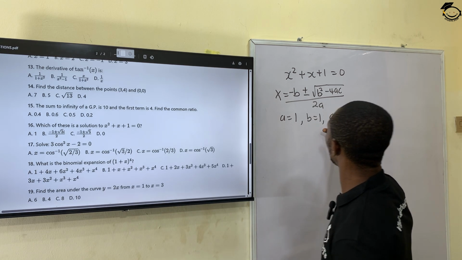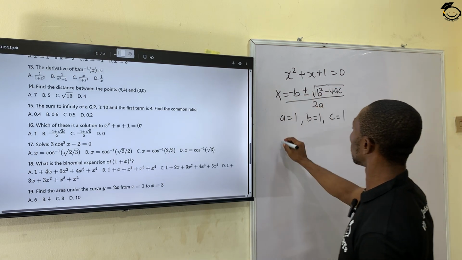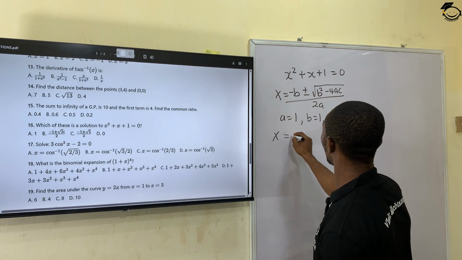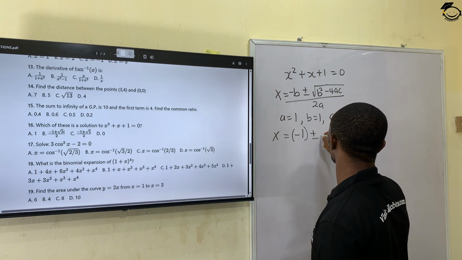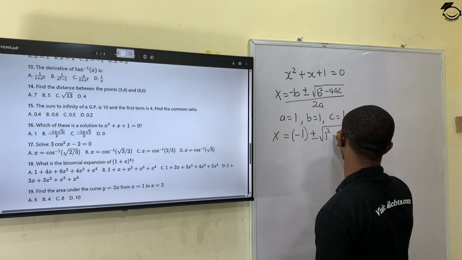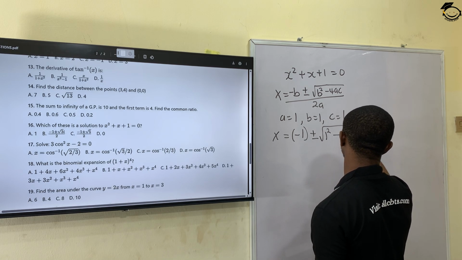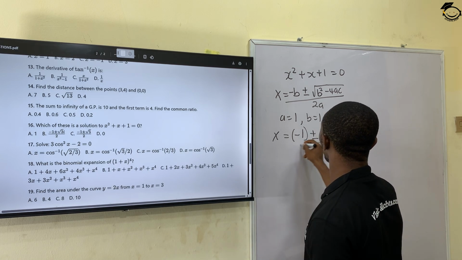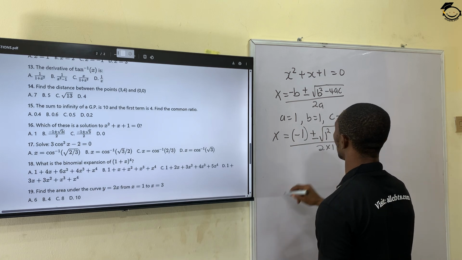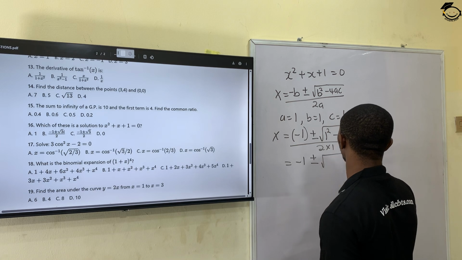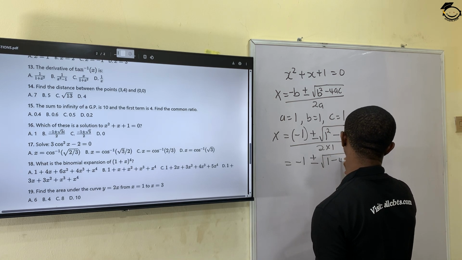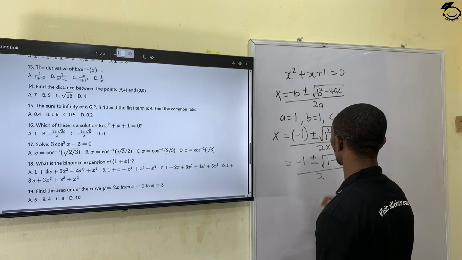Now, substituting these values into our equation, we have x equals minus 1 plus or minus the root of 1 squared minus 4 times 1 times 1, all over 2 times 1. So this gives us minus 1 plus or minus the root of 1 minus 4, all over 2.